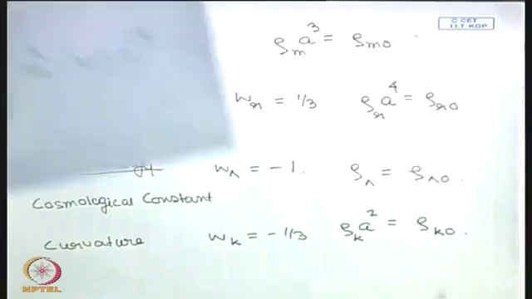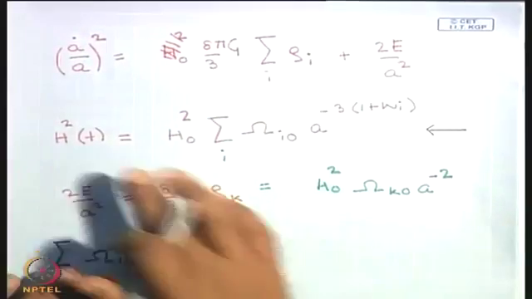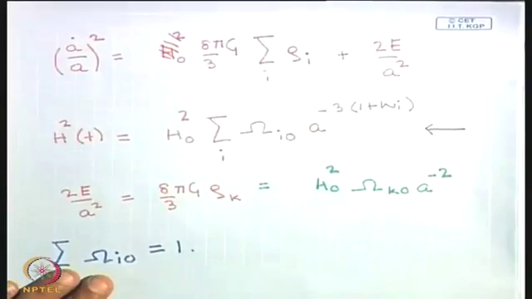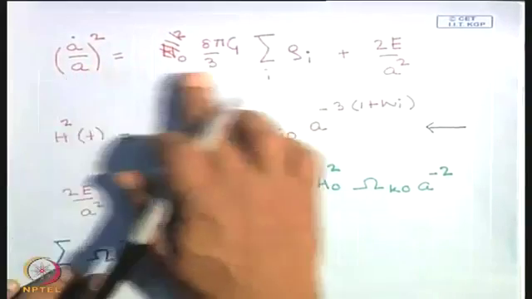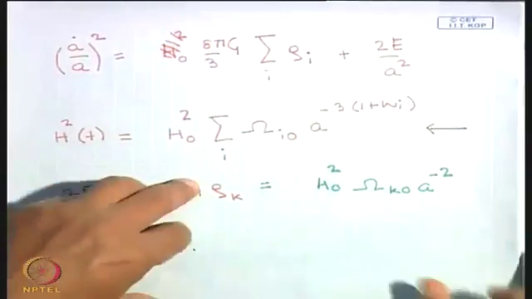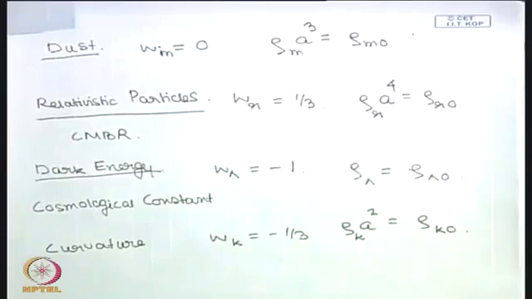Okay. Now, let us consider briefly the possibility that our universe has a combination of all 4 of these. Okay. So, the equation that governs the expansion of our universe is essentially this, and it has a combination of all 4 of these. Okay.